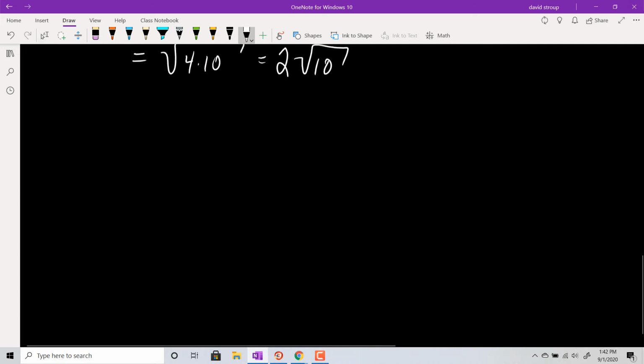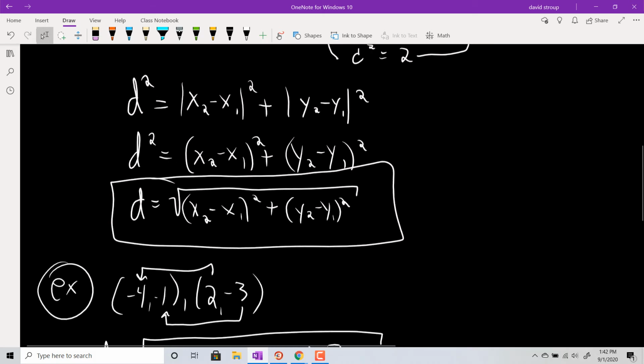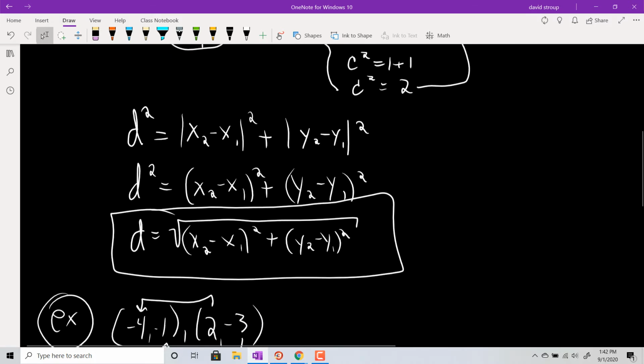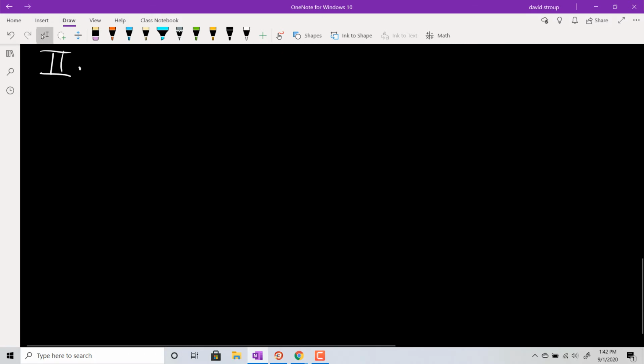The second formula is the midpoint formula, which basically finds the middle of any two points. So if you look back at this yellow picture, the midpoint, I'll put it in blue, looks like it's probably right here. So I need a formula to figure out that point. Okay, so the midpoint formula, oops, I'll put it in white.